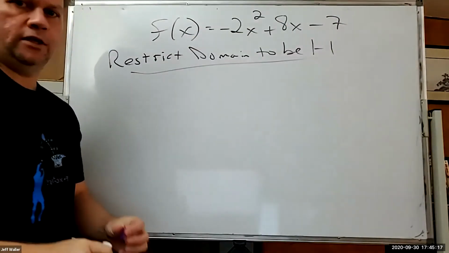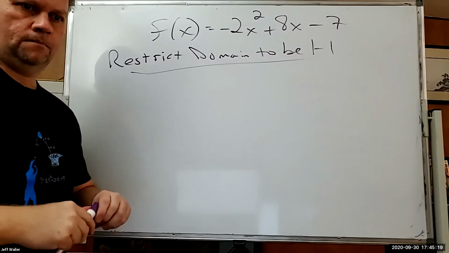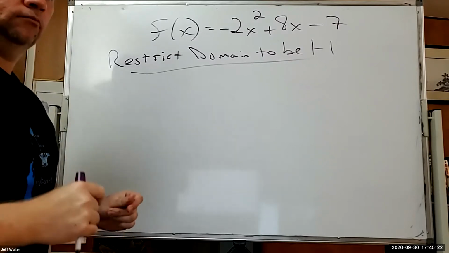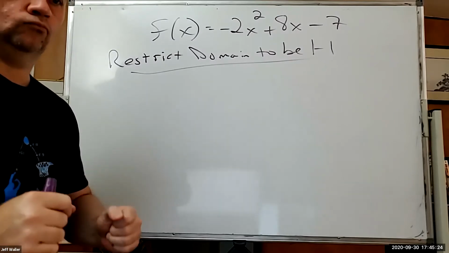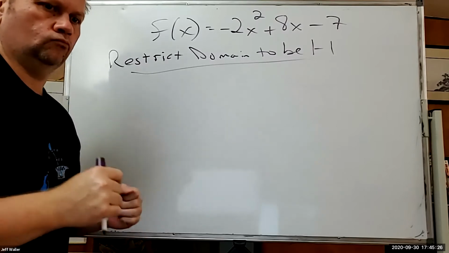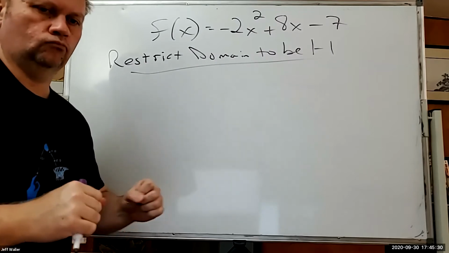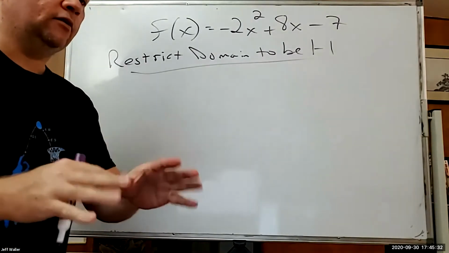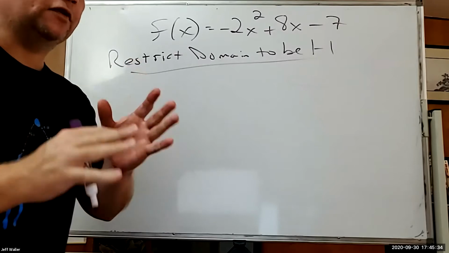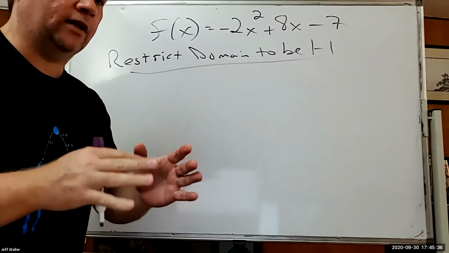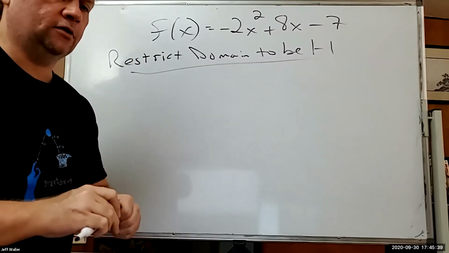How do I do that? Switch x and y. That's how to find the inverse. I need to first restrict the domain so that it can have an inverse.